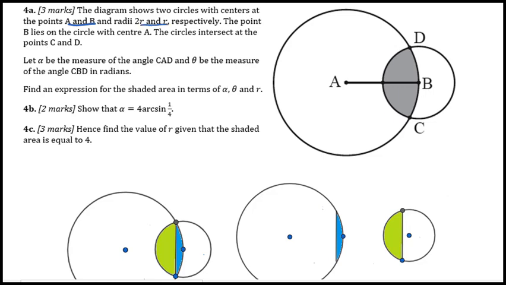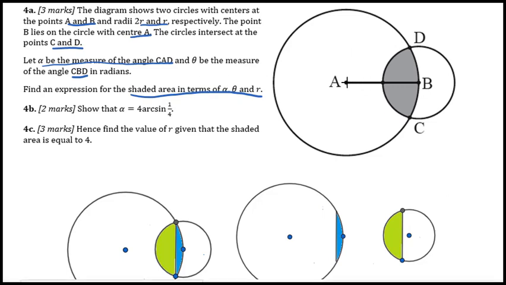The point B lies on the circle with the center A. The circles intersect at the points C and D. Let alpha be the measure of angle CAD, and theta be the measure of angle CBD in radians. Find an expression for the shaded area in terms of alpha, theta, and r.